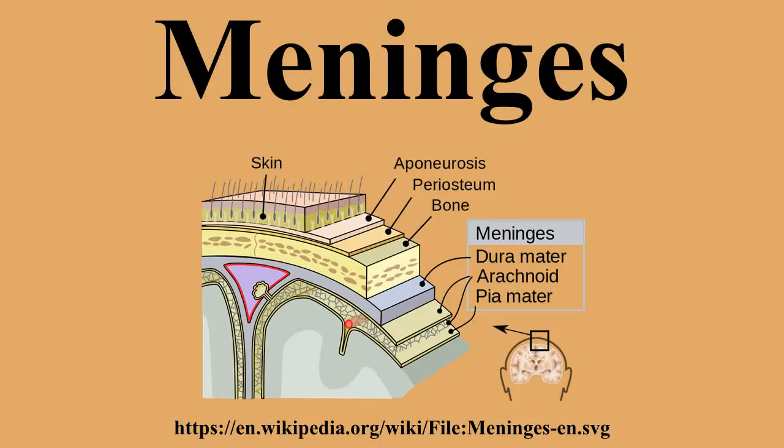Spaces. The subarachnoid space is the space that normally exists between the arachnoid and the pia mater, which is filled with cerebrospinal fluid. The dura mater is attached to the skull, whereas in the spinal cord, the dura mater is separated from the bone by a space called the epidural space, which contains fat and blood vessels.